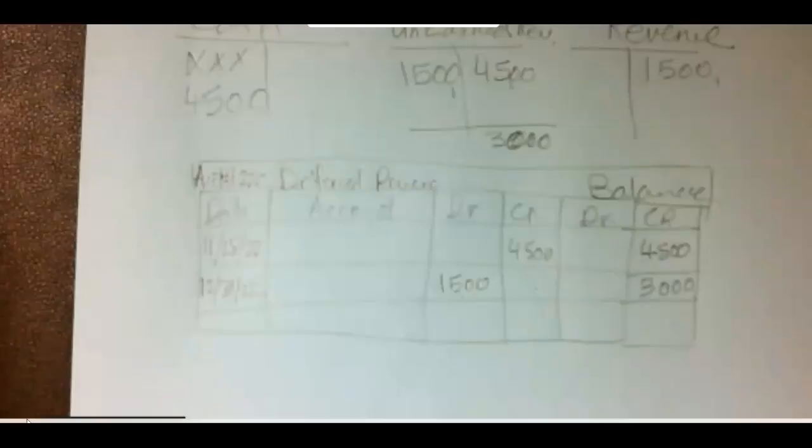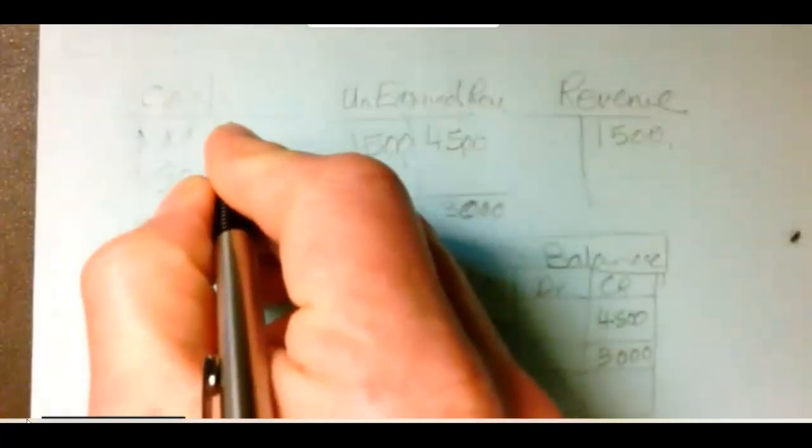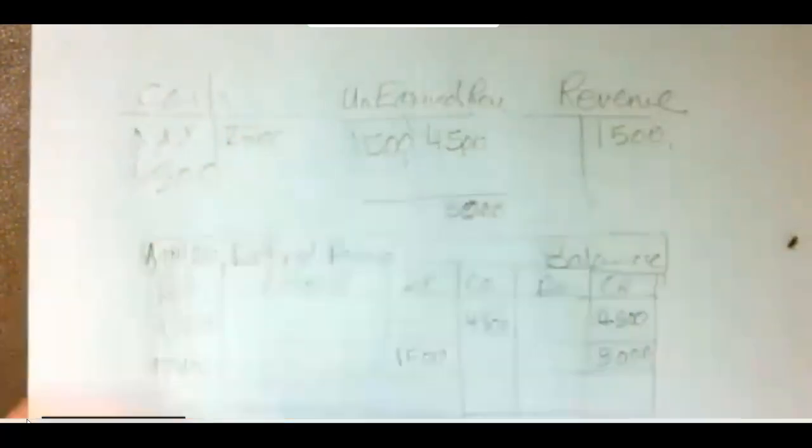So stop sharing. Okay, so what happens is we paid $2,700, that's cash credit.